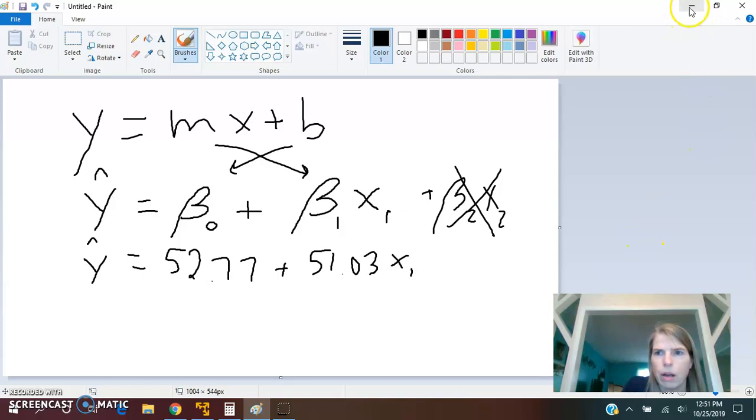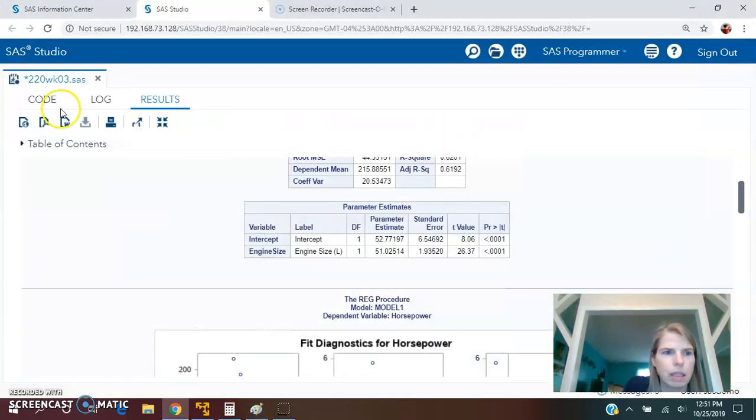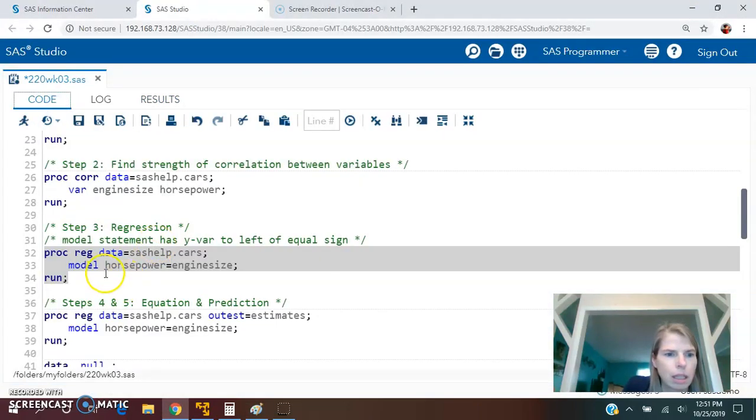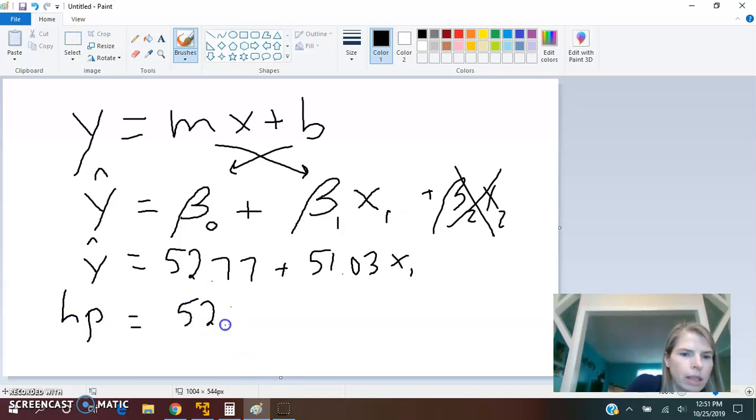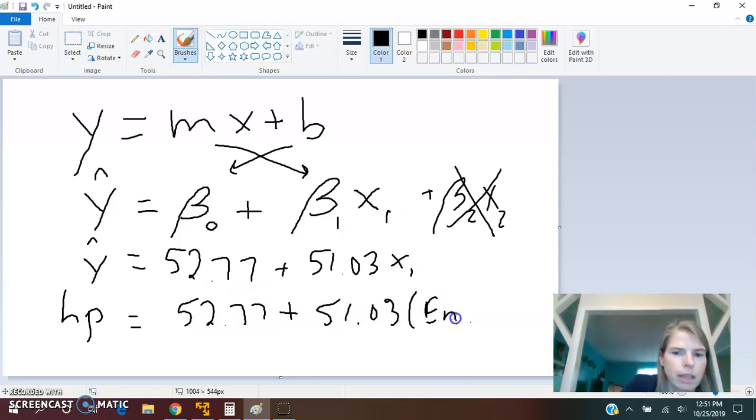Remember that we are modeling horsepower using engine size. So horsepower is my Y, and engine size is my X. All right, this will help when we're trying to plug in.